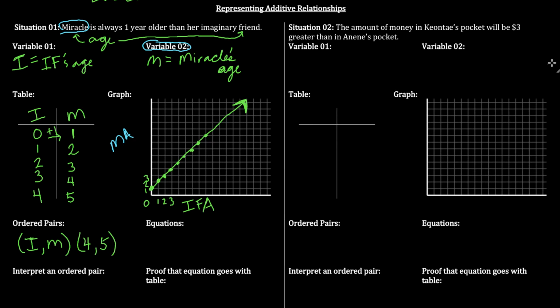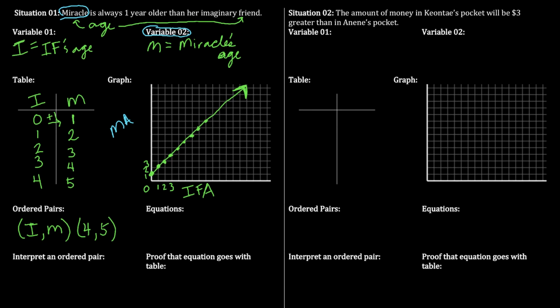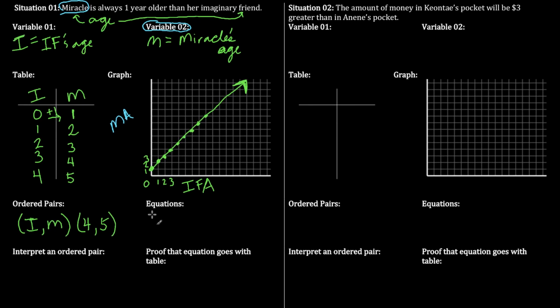We could also represent this relationship using an equation. So if we take the imaginary friend's age and we add 1, then we should get Miracle's age.